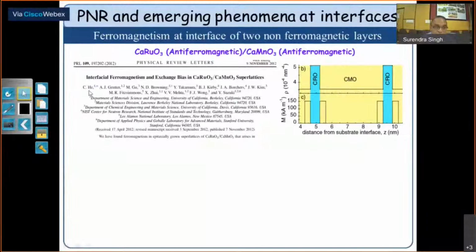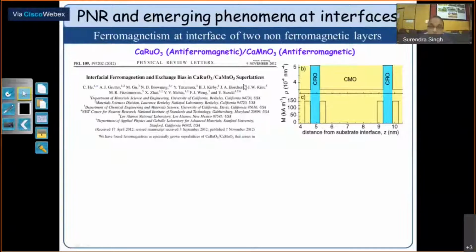When this group, I think from USA, studied this material using macroscopic magnetization like a SQUID, they found a hysteresis loop, which is the signature of a ferromagnetic material. But they didn't have any ferromagnet component. So it is antiferromagnet, but how to see that?